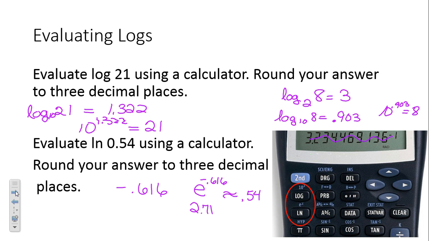Confused on how we got this? Okay, you may need to put 0.54 into your calculator first, and then press the LN button. Hit clear, and then we're going to do LN of 0.54.